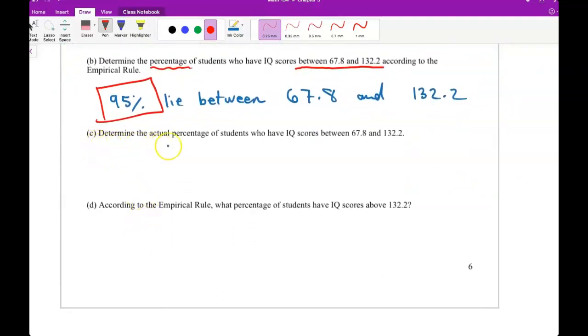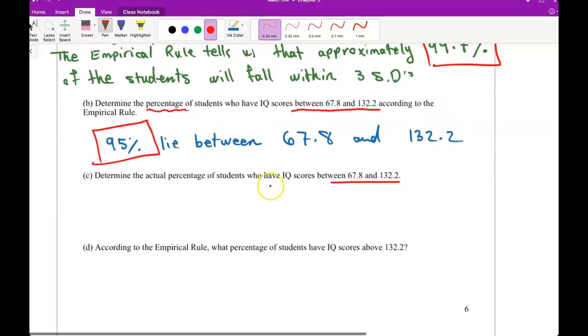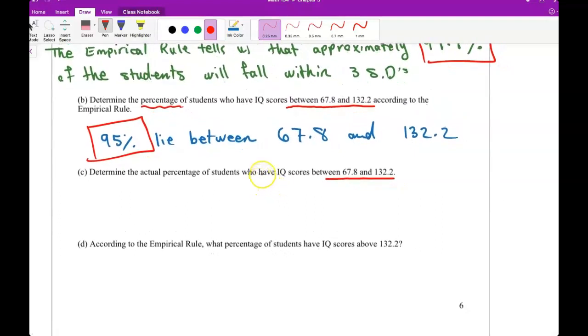Now part C, determine the actual percentage of students who have IQ scores between these 2 numbers. Here we got 95%. This was based on empirical rule, but here asking to determine actual percentage.